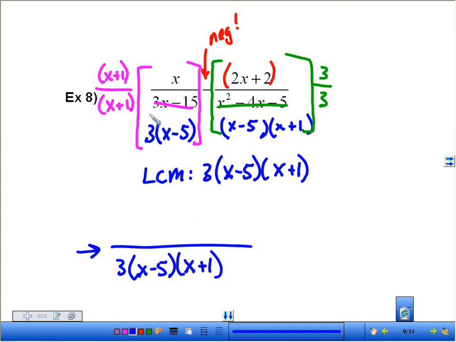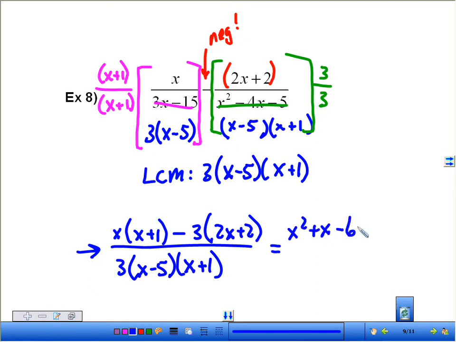And now let's see what I'll do with the numerator. This is x times x plus 1 minus 3 times 2x plus 2. Let's see what we've got. X squared plus x minus 6x minus 6, all over my denominator.